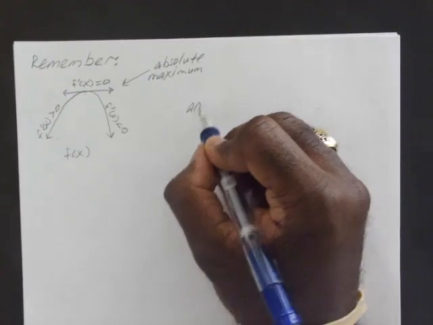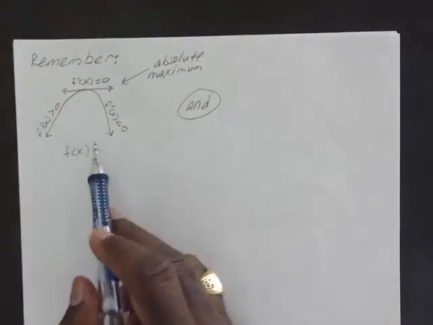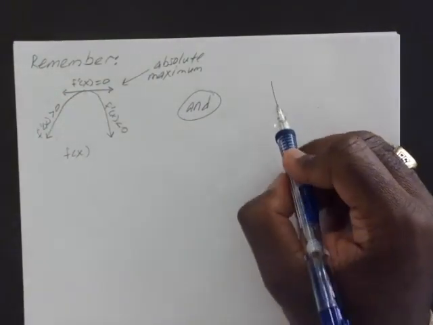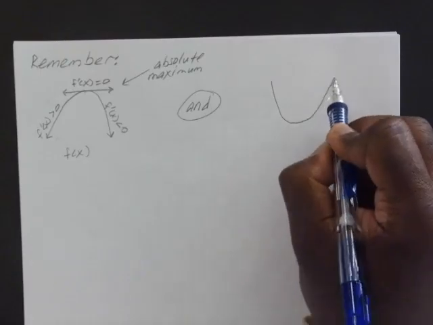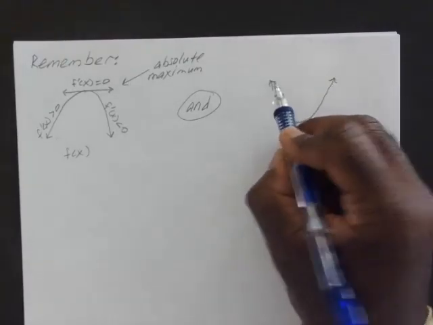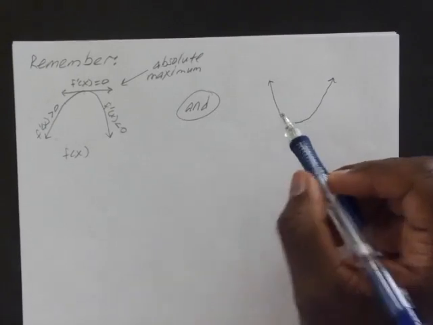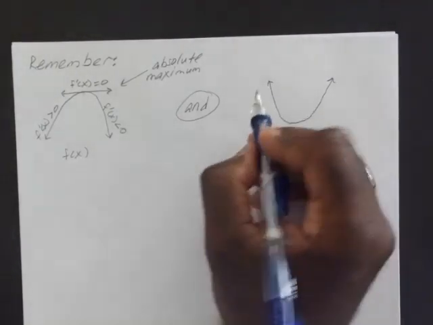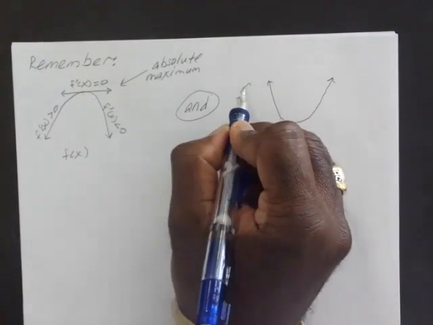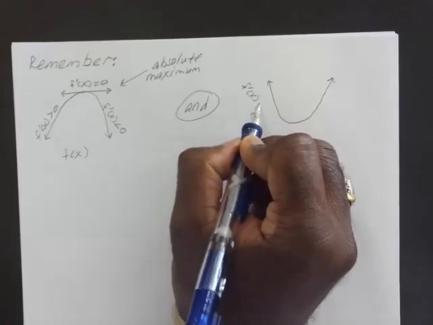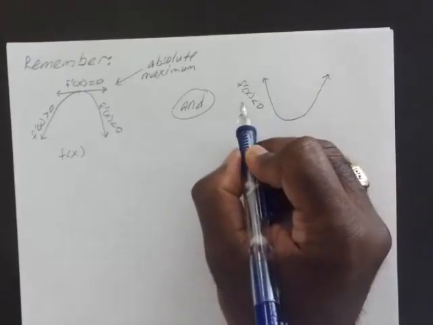Okay. Now, what if we have a graph, same graph, but we flipped it around? Okay. Again, we know it's decreasing when the slope of the tangent line, or f prime of x, is less than 0.